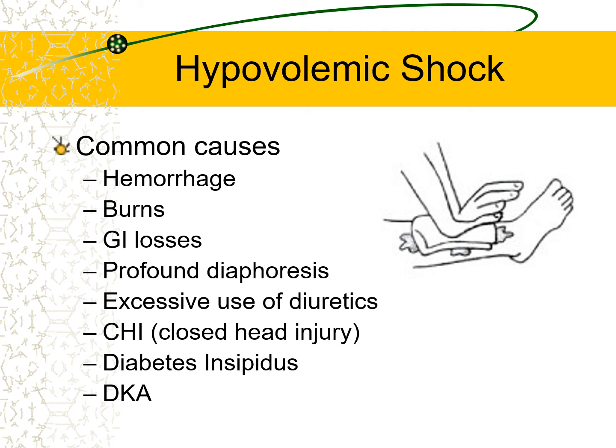So again, there are many ways in which patients can develop a hypovolemic shock. And that is why we say it's so important to apply pressure to stop bleeding, because bleeding is the number one cause, and we want to prevent them from going into a hypovolemic shock.